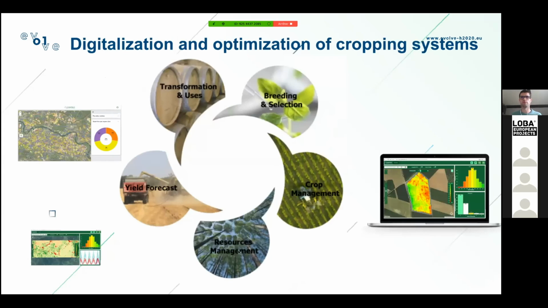So, Sibeltech is positioned on the global cycle of the plant, from the varietal selection phase through the production phase, while working on the first transformation phase.